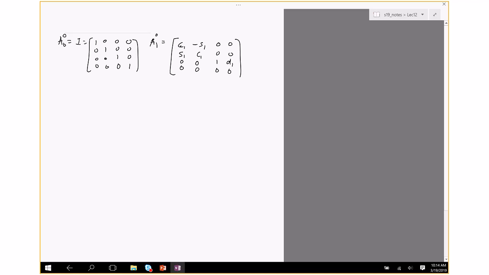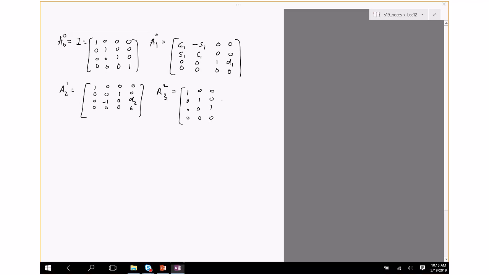And then A21, and then A32 is simply the identity matrix for R23, and then 0 0 D3 0. Sorry, this should always be 1.